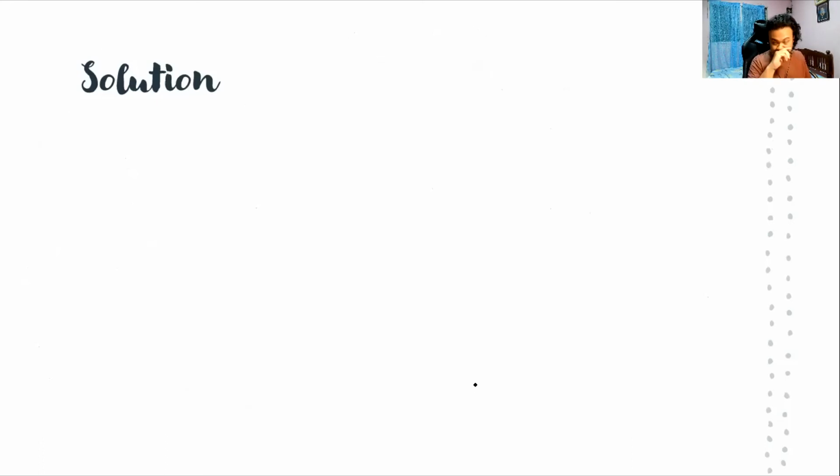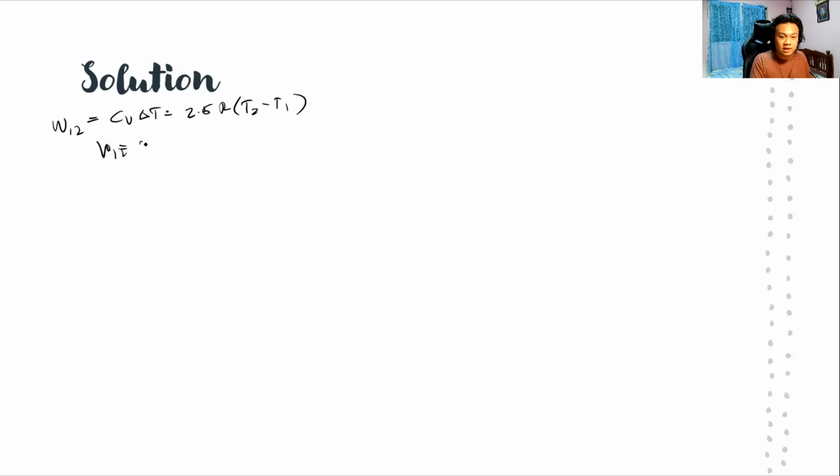So let's get the work. Let's use another sheet. So work 1 to 2 is still equal to CvdT. For the same reason I have derived for you earlier, 2.5 R times T2 minus T1.